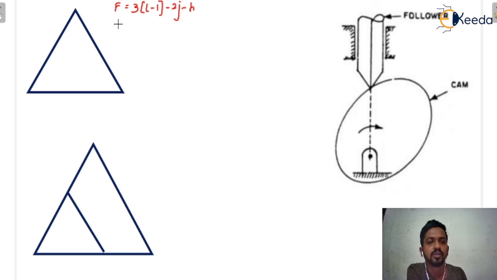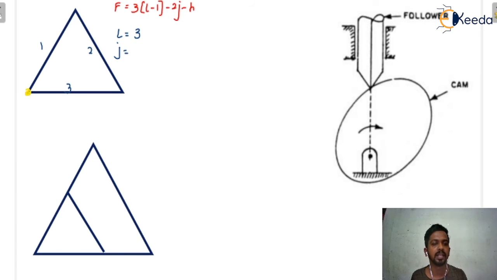Now we have to find out the number of links, that is L: link 1, link 2 and link 3. So the number of links here is 3. Now you have to find out the number of joints, meaning the number of binary joints. How many binary joints are there?